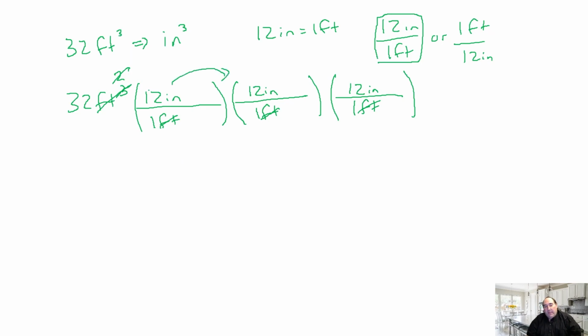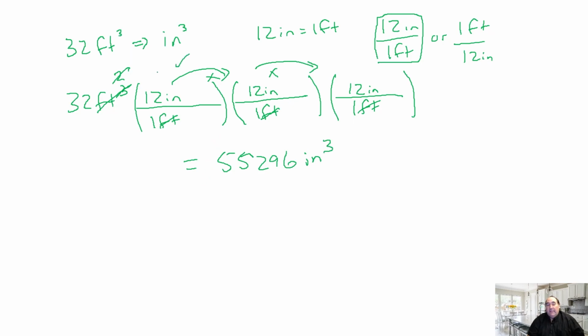Now, when we multiply, that's going to be inches times inches times inches, which means we will end up with 32 times 12 times 12 times 12. That's going to give us 55296 cubic inches in this case.